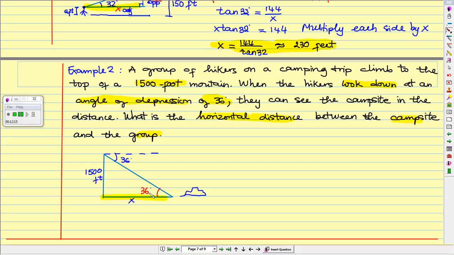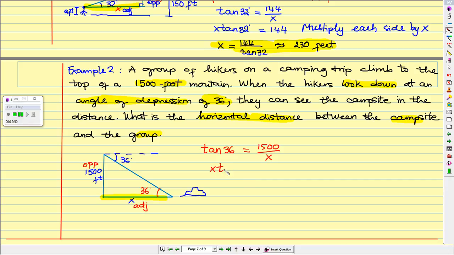Now we look here. We know the acute angle, and the opposite side is 1,500. So this side is the opposite, and we want to find the adjacent. Therefore, we are going to use tangent. Tangent of 36 degrees equals opposite divided by adjacent.